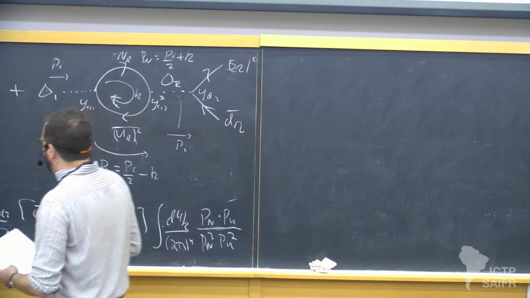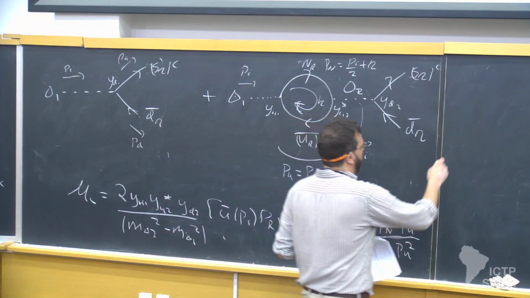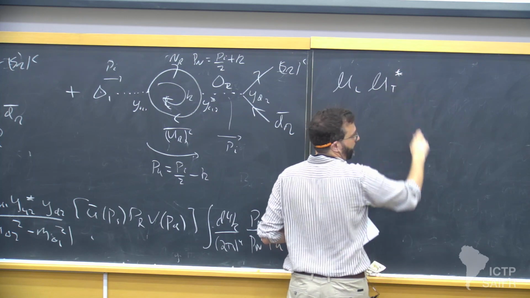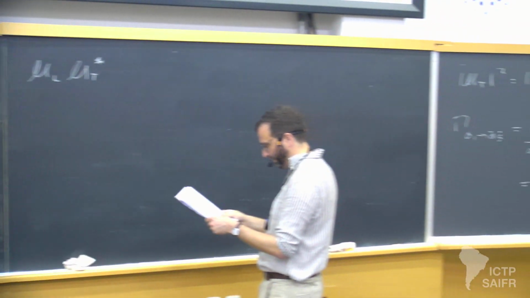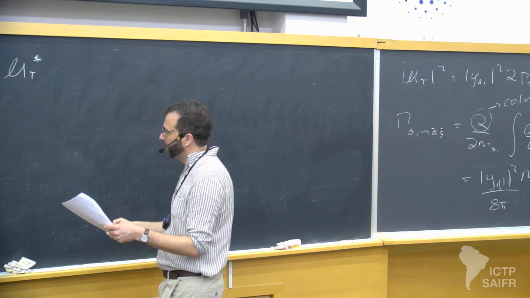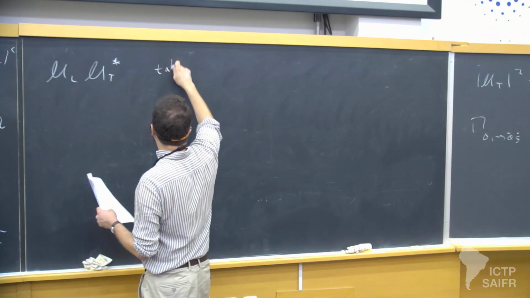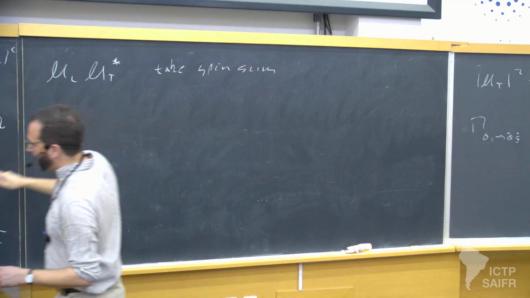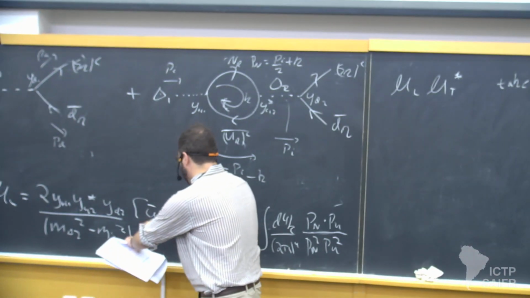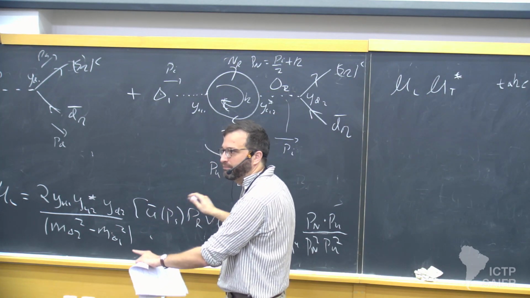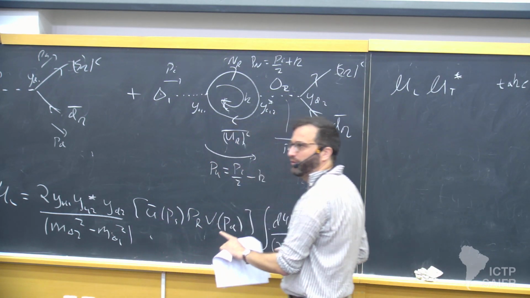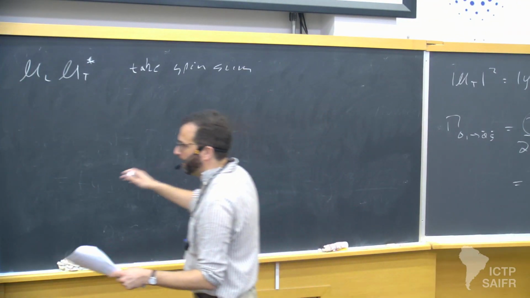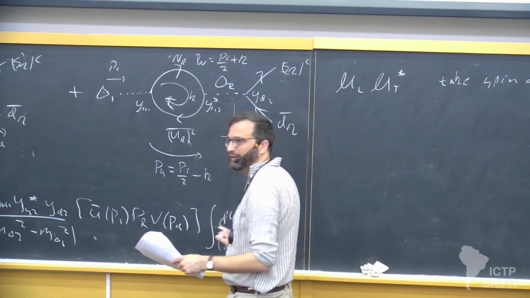Okay, so now we're just going to take M_L and multiply by M_T star, which we had before, the tree level one, and take the spin sum. From M_T star, when we take the spin sum, we can write this as a trace of various products of gamma matrices, and drop the couplings, because we're only interested in the kinematic factor.